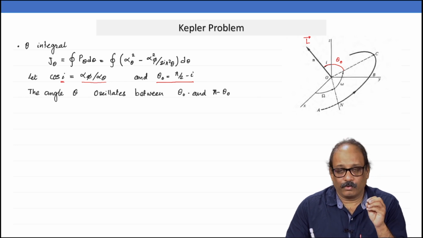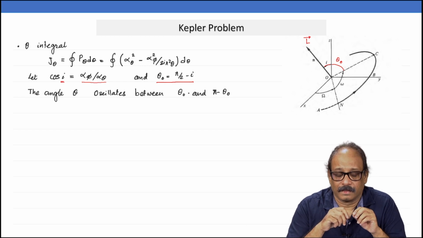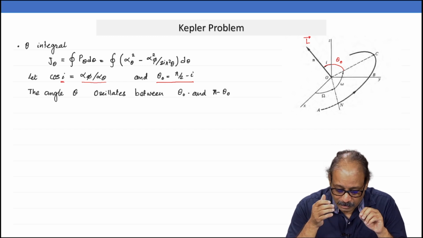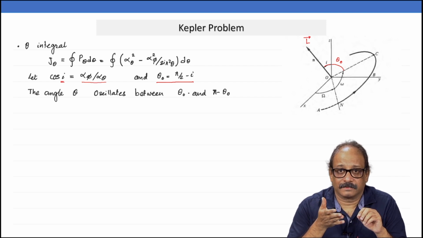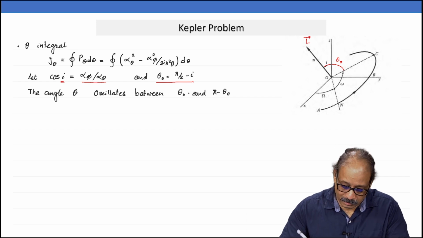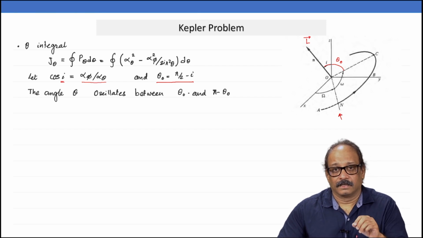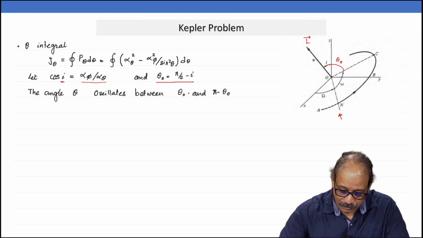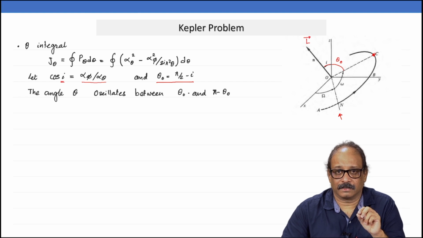Now, what happens to this angle theta? If you look at the diagram very carefully, the plane of the orbit suppose cuts the xy plane in a line which is the ON line. Then if you choose a perpendicular to that, that would be your topmost point, the highest z coordinate, and also the smallest theta, equal to theta naught.